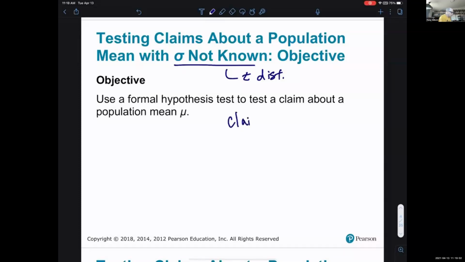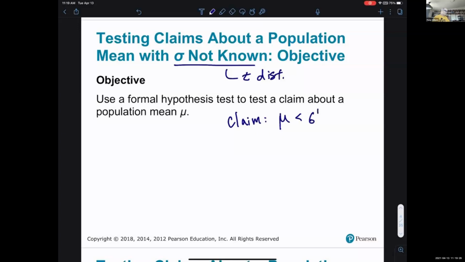So the idea is you've got some sort of a claim. So let's say something like, I believe the mean height of students at DVC is less than 6 feet tall. So I would do something like the mean is less than 6 feet.